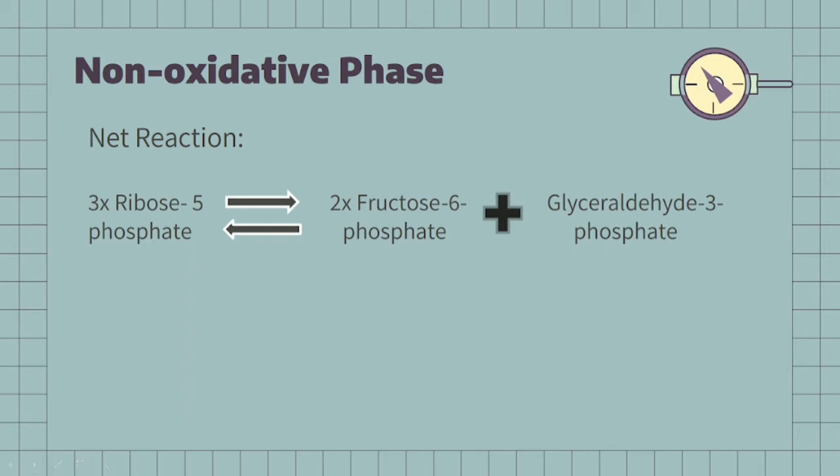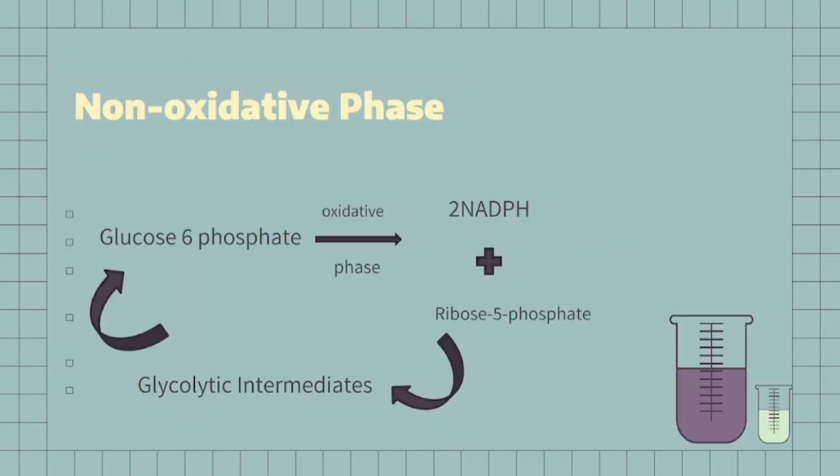What we actually get is 2 fructose 6 phosphate plus glyceraldehyde 3 phosphate. These two are the glycolytic intermediates that can be transformed into glucose 6 phosphate. And that glucose 6 phosphate can undergo the oxidative phase to form even more NADPH molecules.